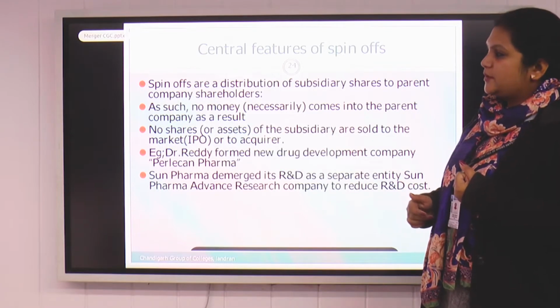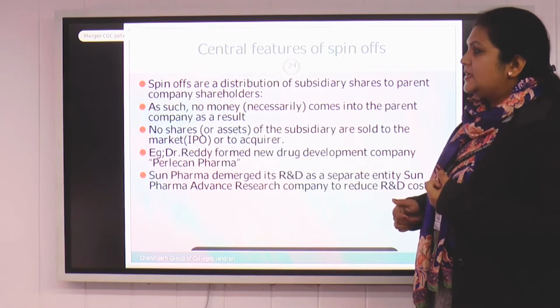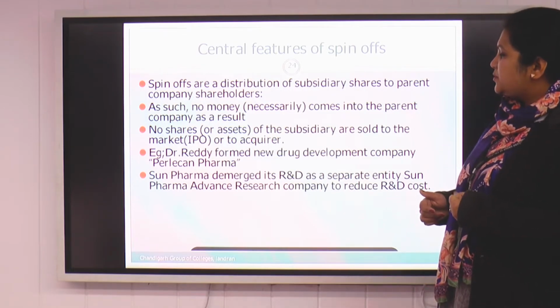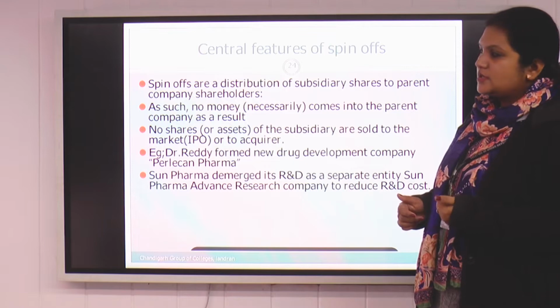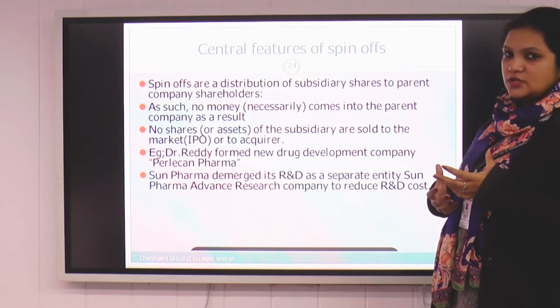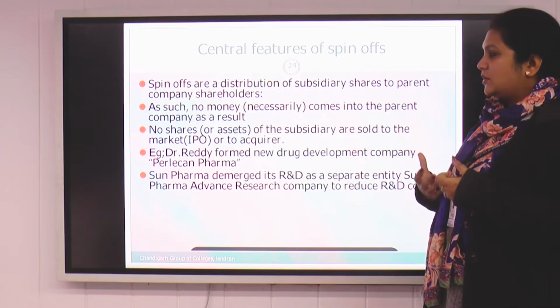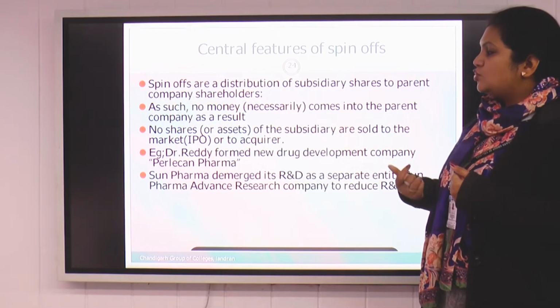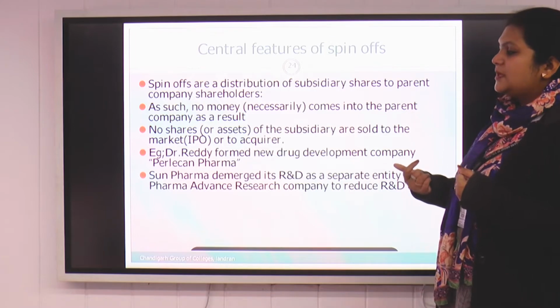Central features of spin-offs. Why do spin-offs basically take place and what are they related to? Spin-offs are distribution of subsidiary shares to parent company shareholders. The shares of the subsidiary company that you hold, you divide among the shareholders of the parent company. As such, no money comes into the parent company as a result.